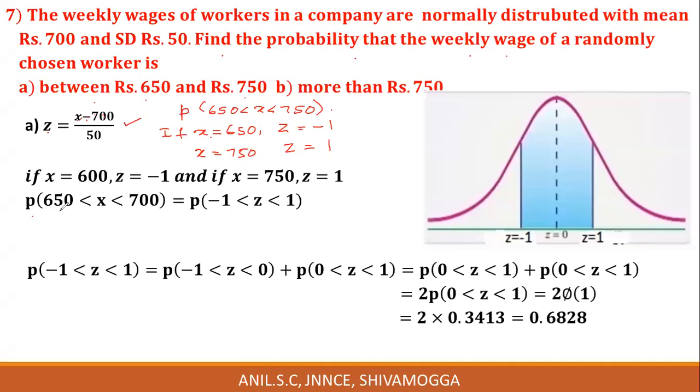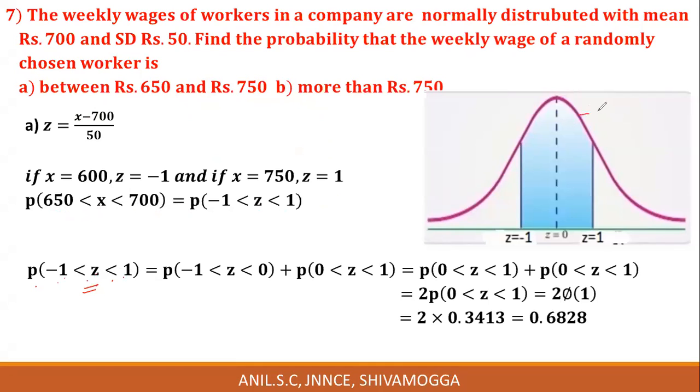Therefore, the probability where 650 is less than x less than 750 is the same as the probability where minus 1 is less than Z less than plus 1. Because when x is equal to 650, Z is equal to minus 1, and when x is equal to 750, Z is equal to plus 1. Now mark this area where Z takes values from minus 1 to plus 1.